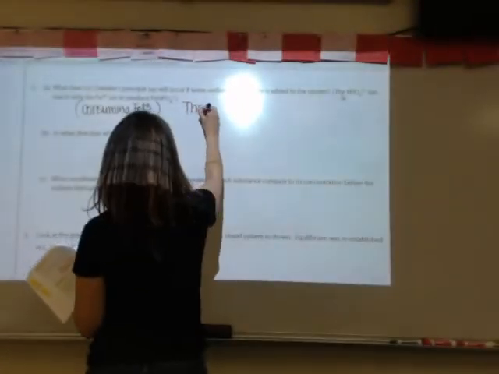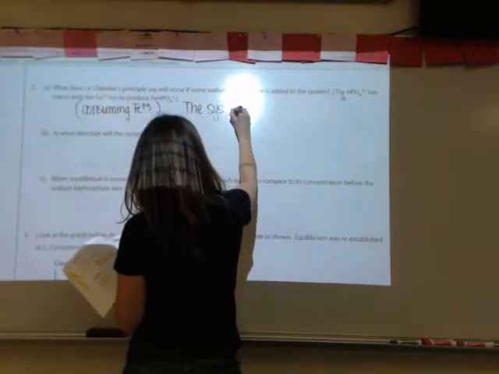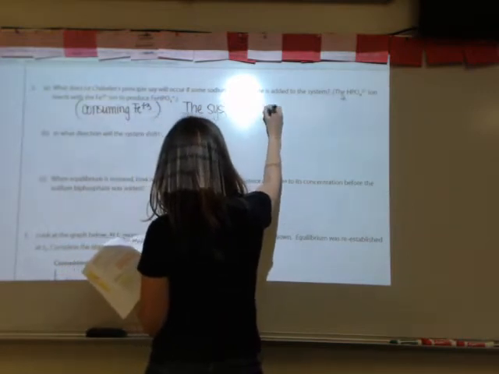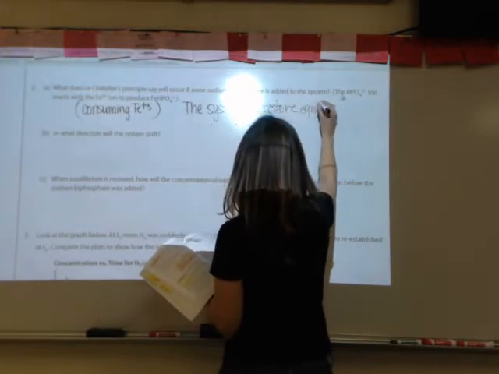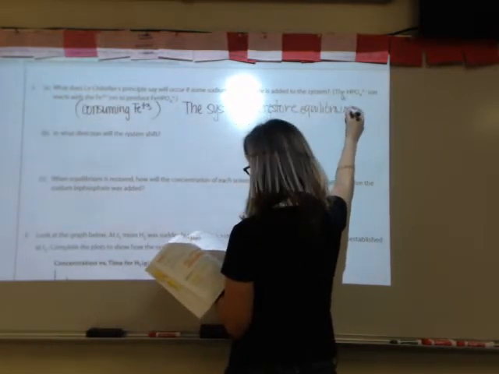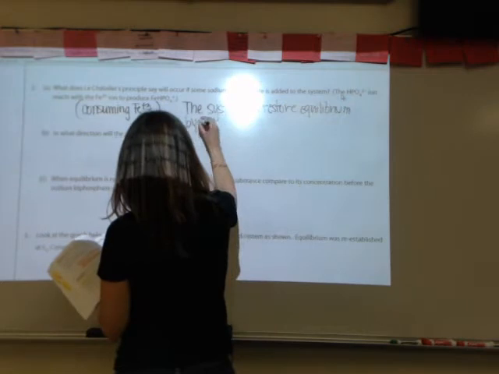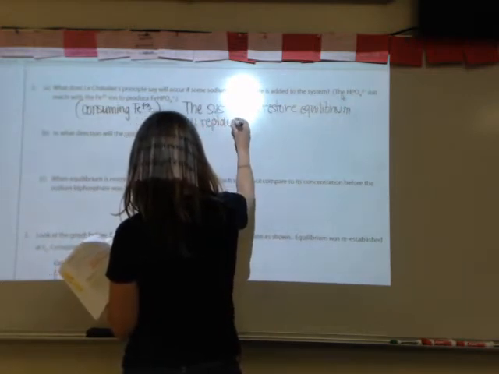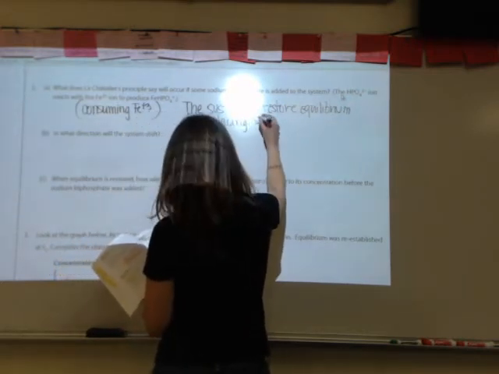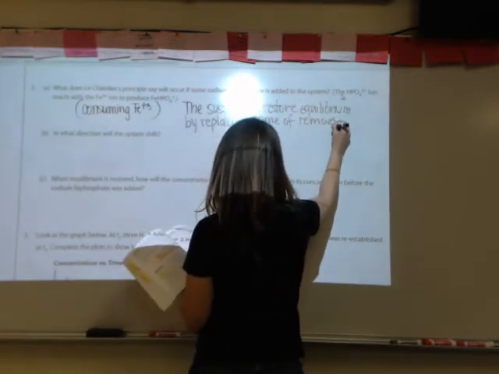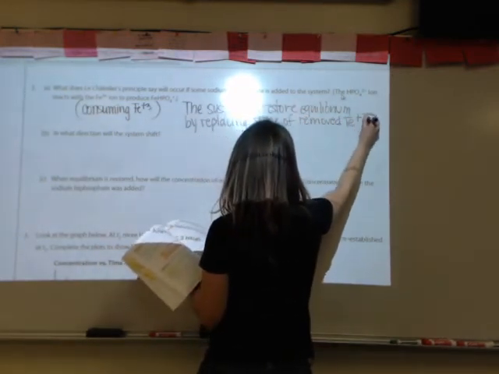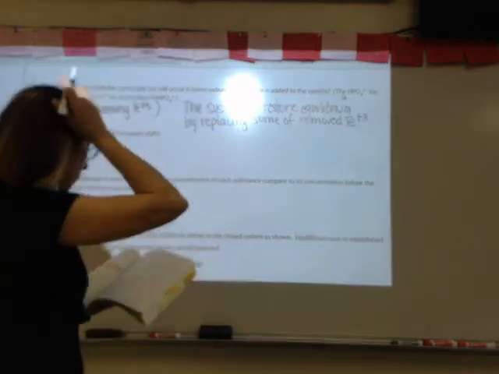Well, the system will restore equilibrium by replacing some of the removed Fe+3.